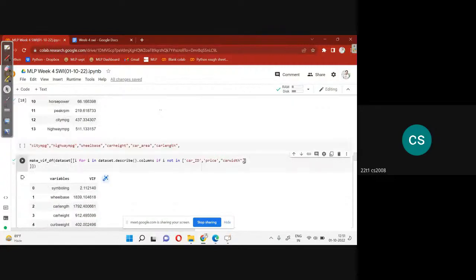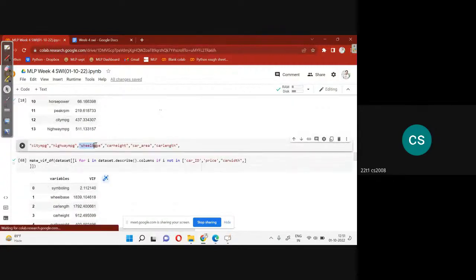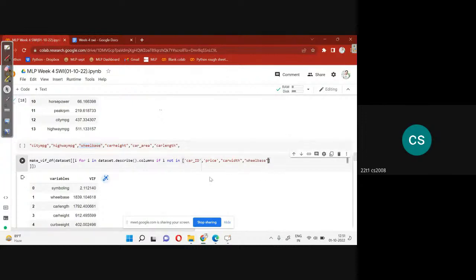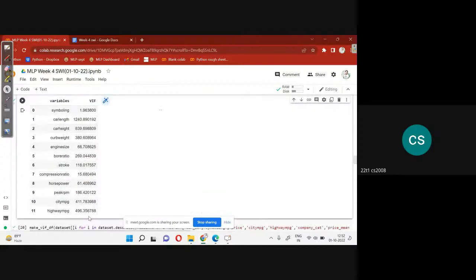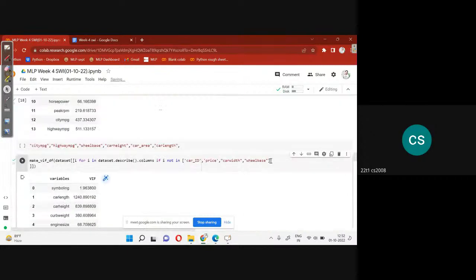Now again we will add wheelbase in here, remove it, and after that we printed our VIF values. Again we are seeing that the maximum VIF value is for car length, so let's remove the car length also.